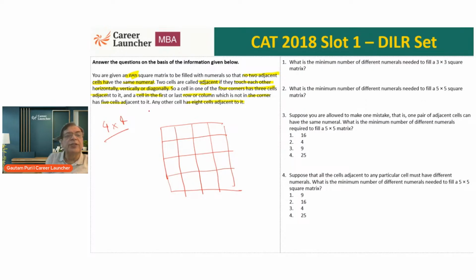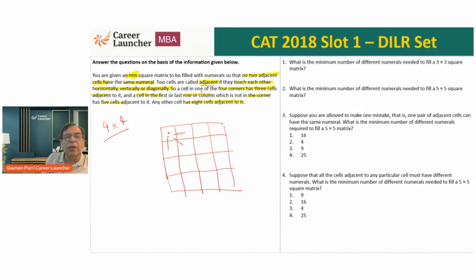No two adjacent cells can have the same numeral. Now what is adjacency defined as? Two cells are called adjacent if they touch either horizontally, vertically, or diagonally. So if I look at this particular top left-hand corner cell, what are the adjacent cells? 1, 2, and 3. Touching horizontally, touching vertically, touching diagonally.